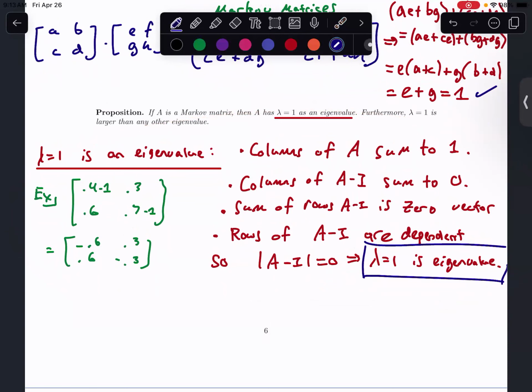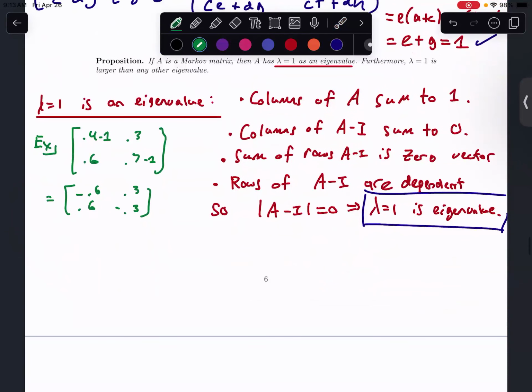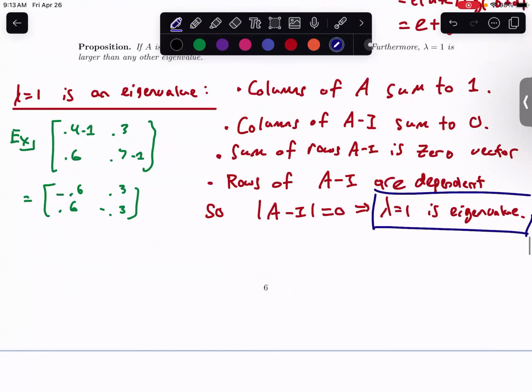Okay, for the other statement, I'm just going to lean on intuition without going into too much detail. The other statement is that lambda is equal to 1 is the largest eigenvalue.